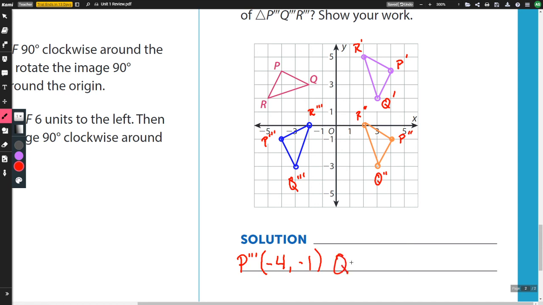Okay, Q''' is over -3 and down -3. And finally R''' is over -2 and down 0.